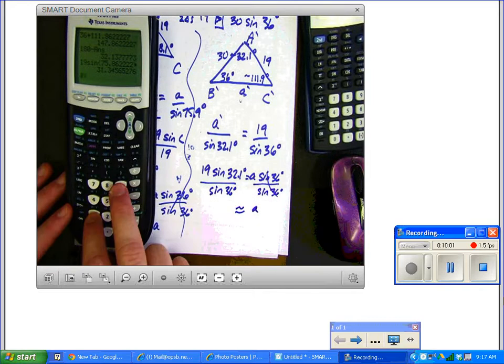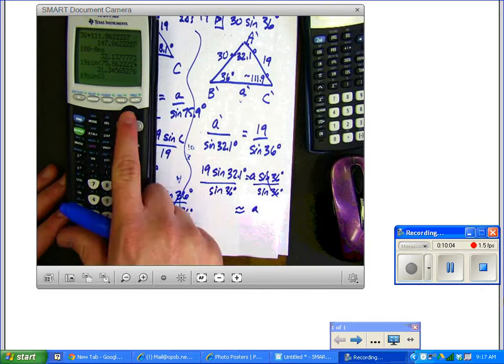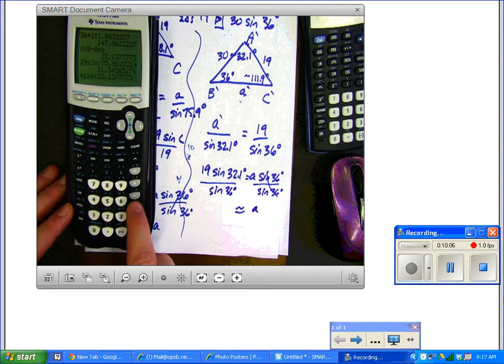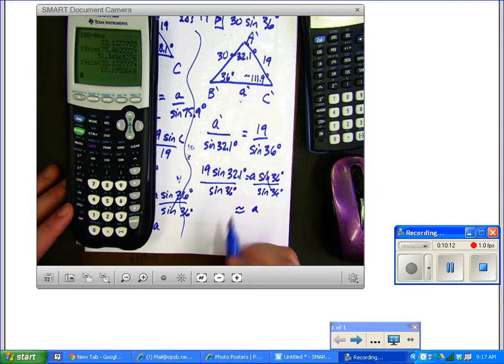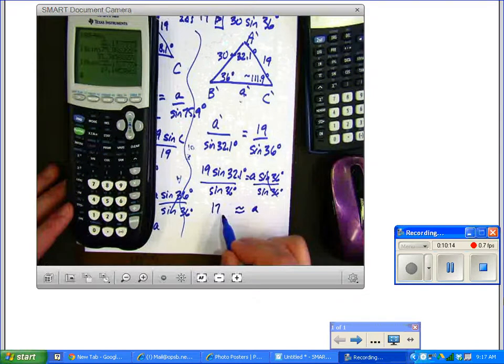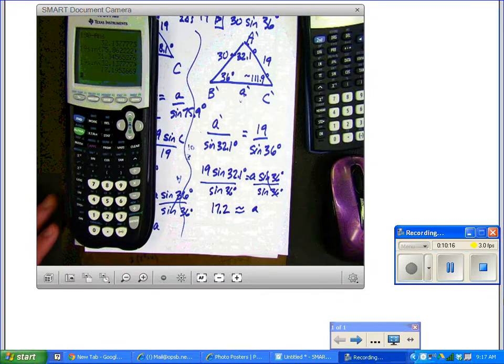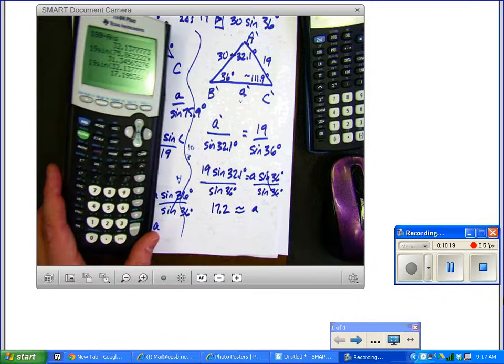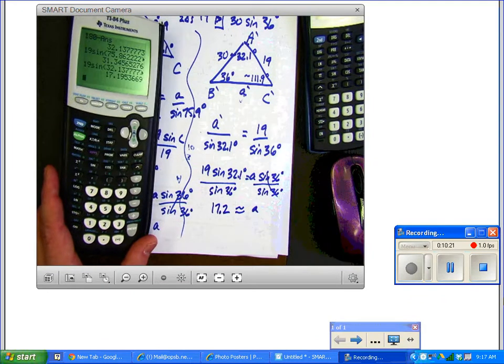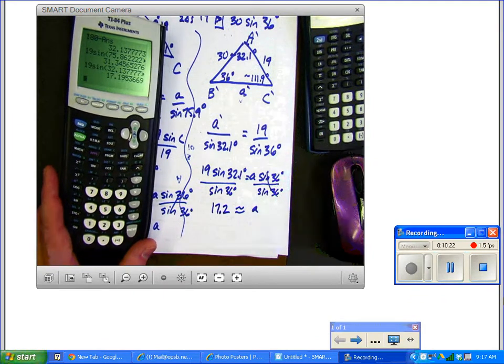So 19 times sine of 32.1 divided by sine 36. So that's 17.2. Now, they're going to be up there. They're covered up right now, but they'll be up there to your left.